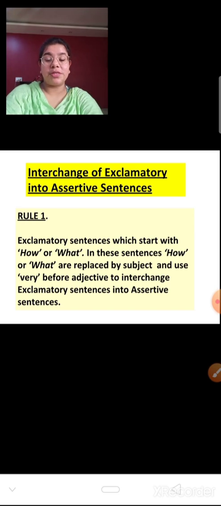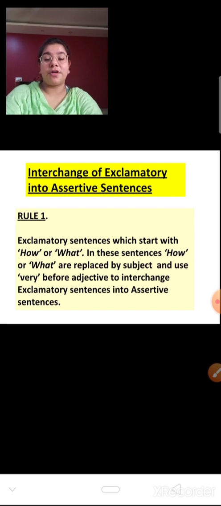The first rule says that for exclamatory sentences which start with how or what, in these sentences how or what are replaced by the subject, and we use very before the adjective to interchange the exclamatory sentence into an assertive sentence.